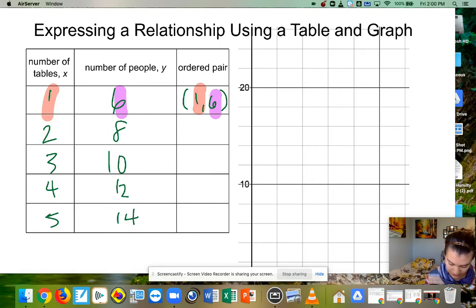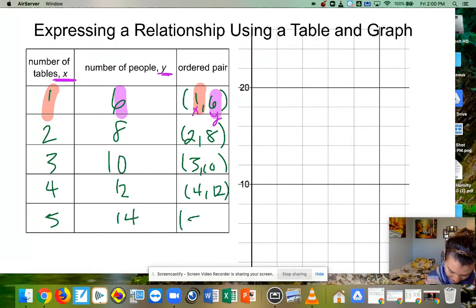We normally label these X and Y, so this would be your X coordinate and your Y coordinate. So this column is X, this column is Y. So if I write the rest in, we have (2, 8), (3, 10), (4, 12), and (5, 14).